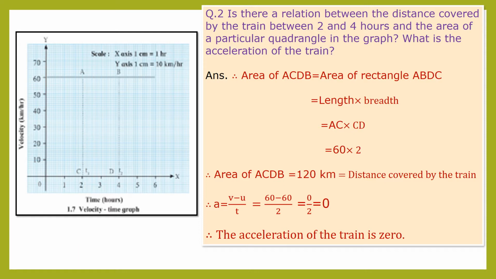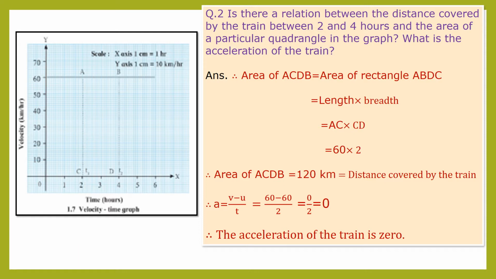Here the area of ACDB is equal to the area of rectangle ABDC. This means there is a relation between the distance covered by the train between 2 and 4 hours and the area of the quadrangle, because both areas are the same. The area of ACDB and the area of rectangle ABDC are both the same.